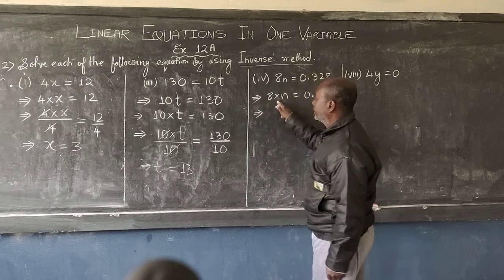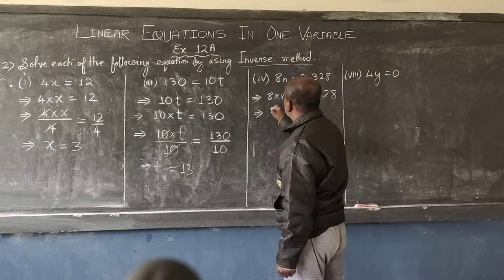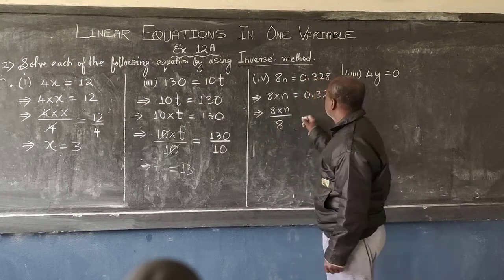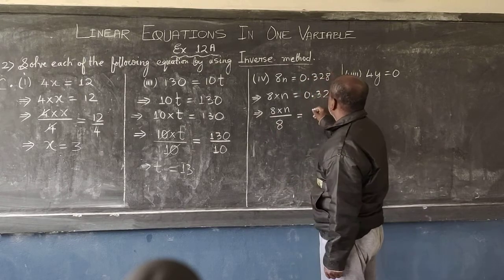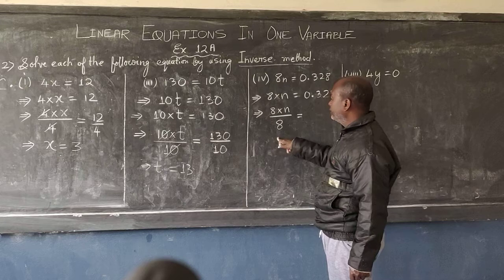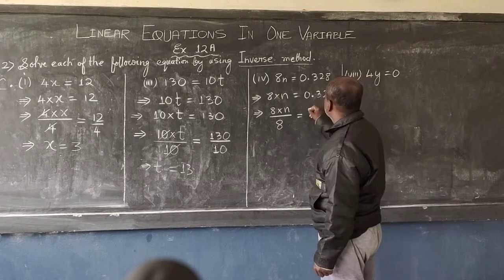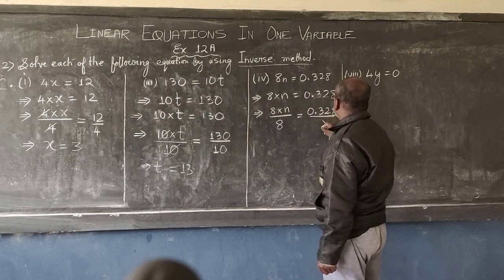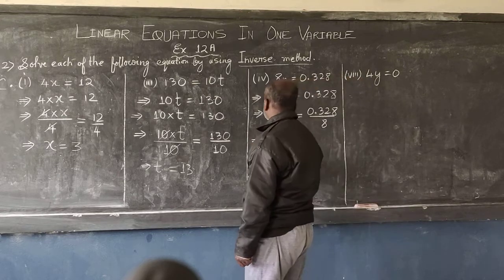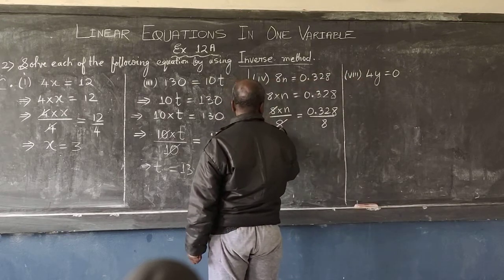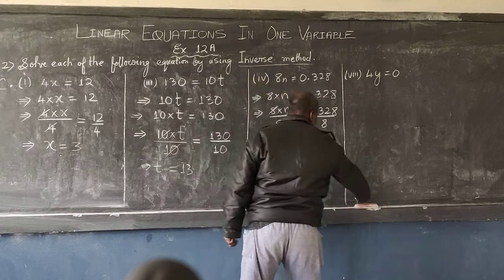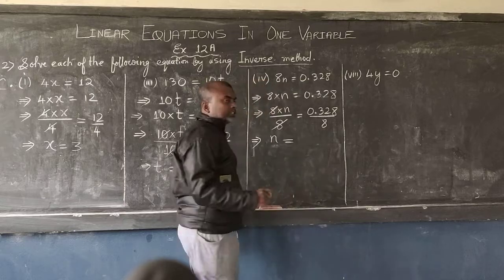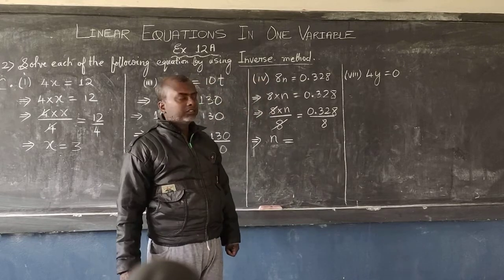So to remove multiplied by 8 from n, we give divided by 8. Here also, whatever you do on the left side, you have done left side divided by 8. Right side also you will do the same thing, divided by 8. So 8 cancels out. Only n remains on the left side. Now on the right side there is a decimal calculation.